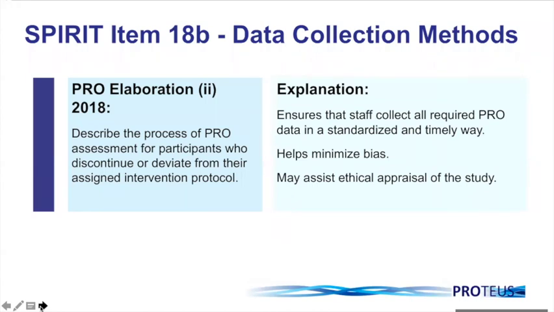As the example I've given you illustrates, this also helps to minimise bias. And given that participants discontinuing or deviating from their treatment protocol is clearly of great interest to the patient themselves, then being clear on this point will help ethics committees appraise this aspect of the study.